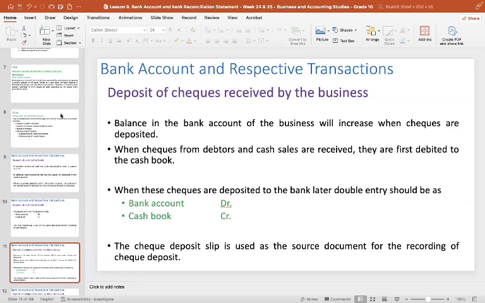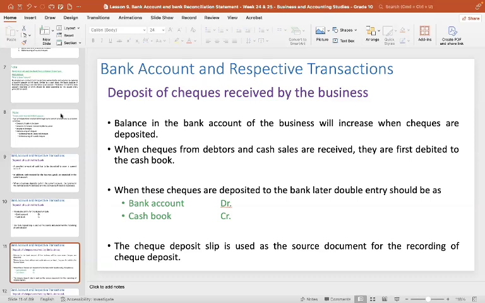Okay. So balances in the bank account of the business will increase when the checks are deposited. Checks from the debtors and cash sales are received, and most of the time they are firstly debited into the cash book.